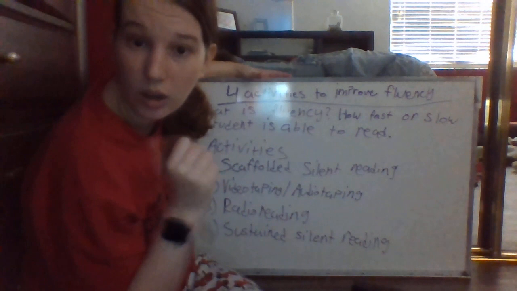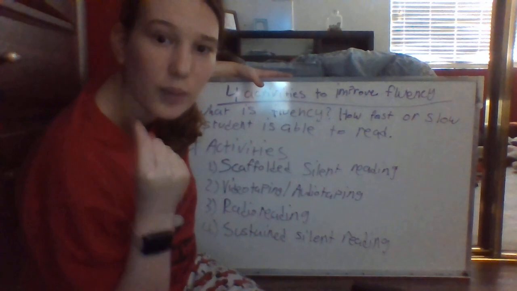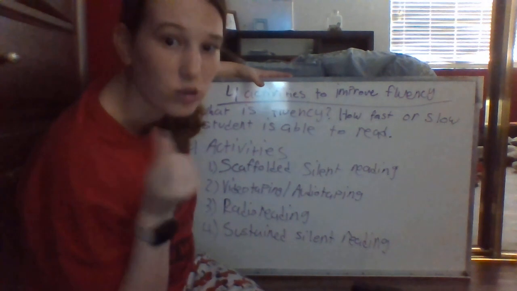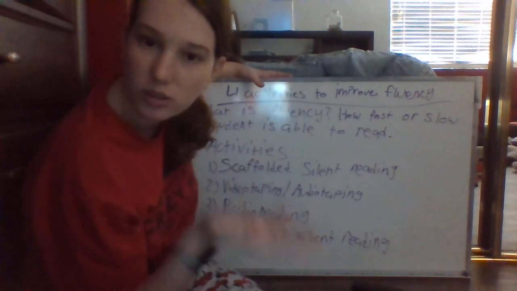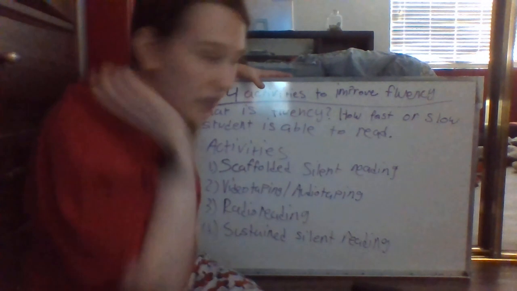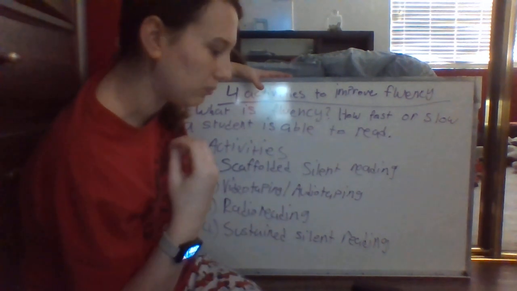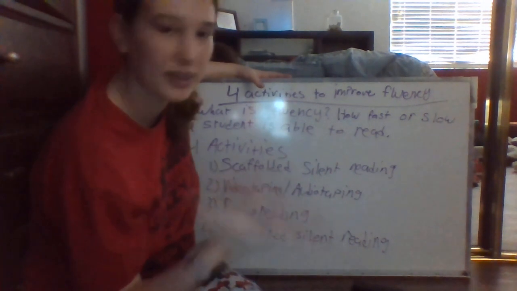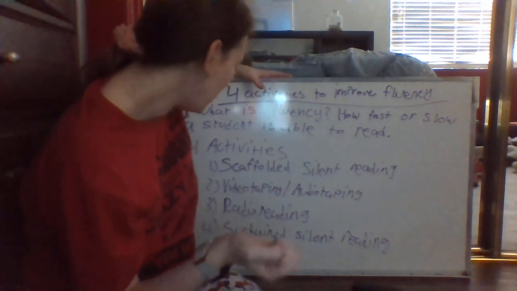They listen to how they're reading and adjust how fast or how slow they're reading based on what they're listening or watching. So that's what videotaping/audio taping their reading is for that activity, and that one's actually pretty fun. I think that's a creative way to do it.